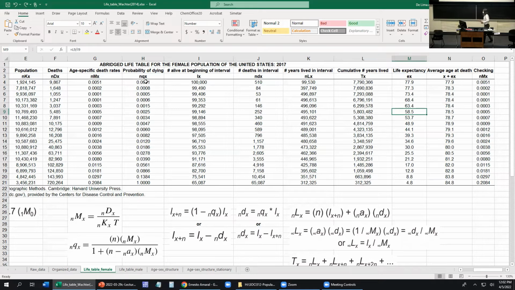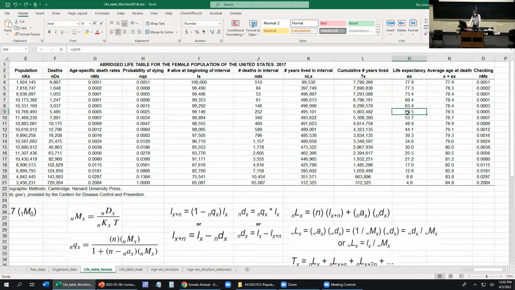If they survive at least to age 20, they overcame all of those risks to die, so their remaining years of life will make their average age of death higher than those that died before, right? So how do I understand this?